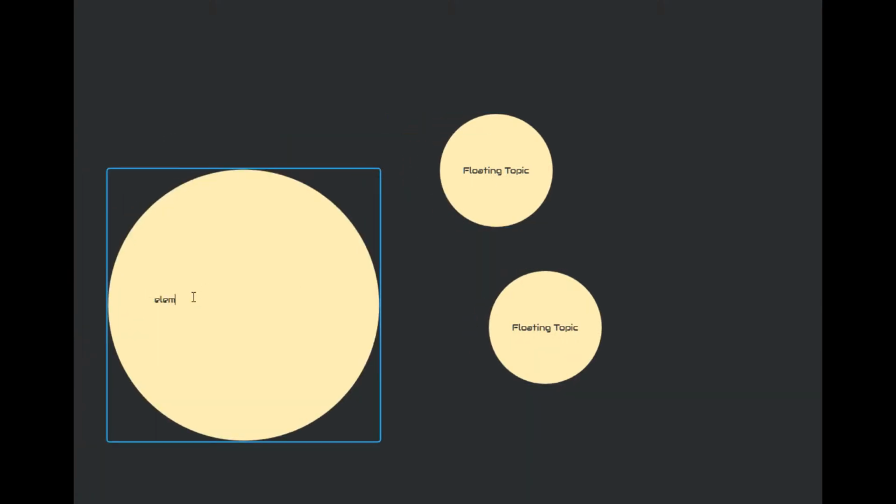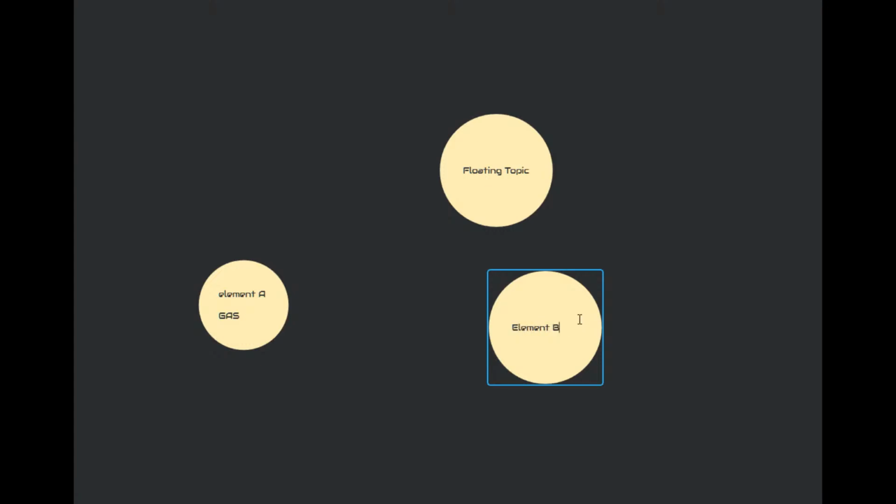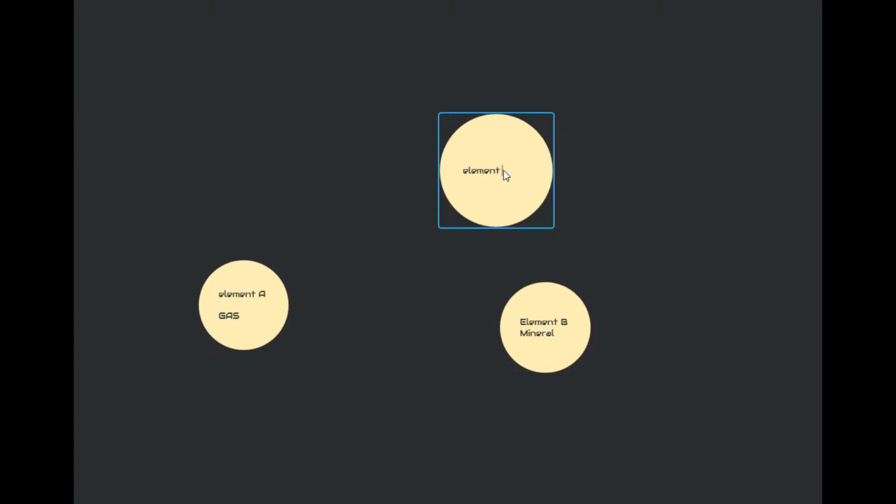So in terms of that, element A, which is gas, element B, which is a mineral, element C is, say, a corrosive enzyme.